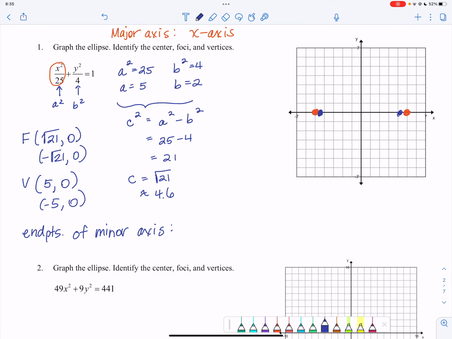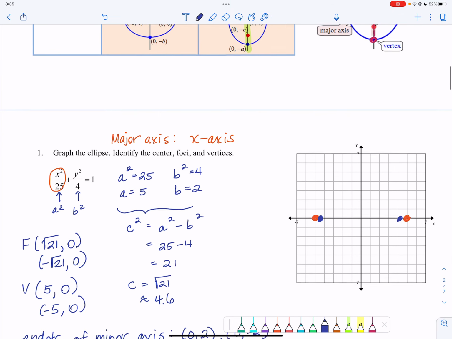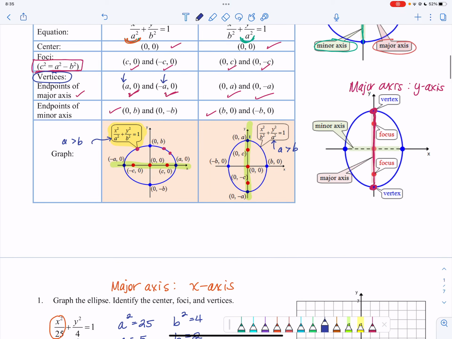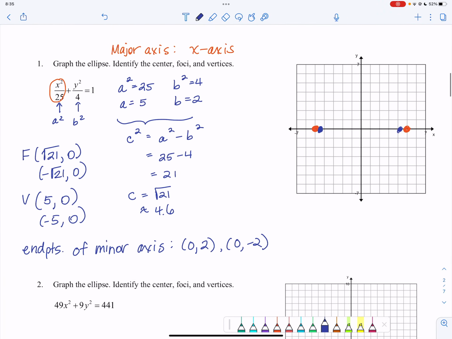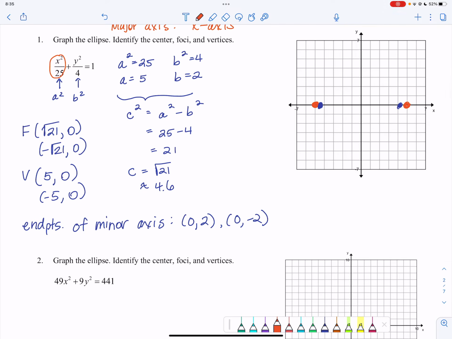And that's going to be 0, 2, and 0, negative 2. And that would be B. So you can see here 0, B and 0, negative B. So placing those, we would have 0, 2 and 0, negative 2. And that gives us this beautiful ellipse.